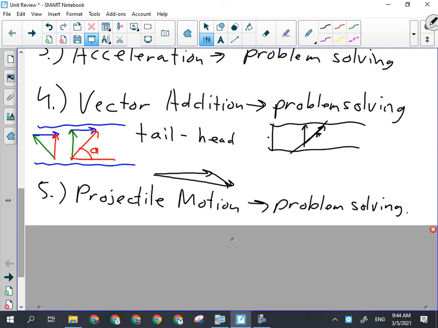And you've got one of each type of projectile motion problem: one horizontally projected projectile, one angled projectile on your unit exam as well.